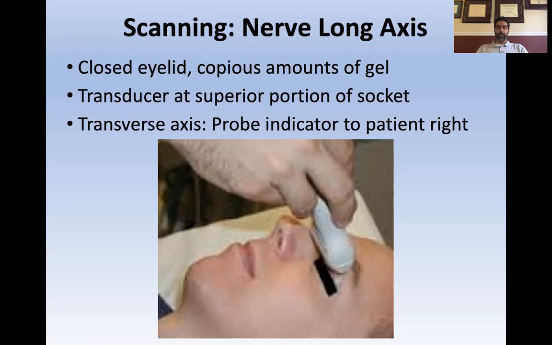Even the smallest amount of pressure can dent the eyeball and exert external pressure into the globe itself. And if you're dealing with someone who may have increased intraocular pressure or globe injury, you do not want to put too much pressure on the eyeball. So you want to anchor your hand in one way or the other.